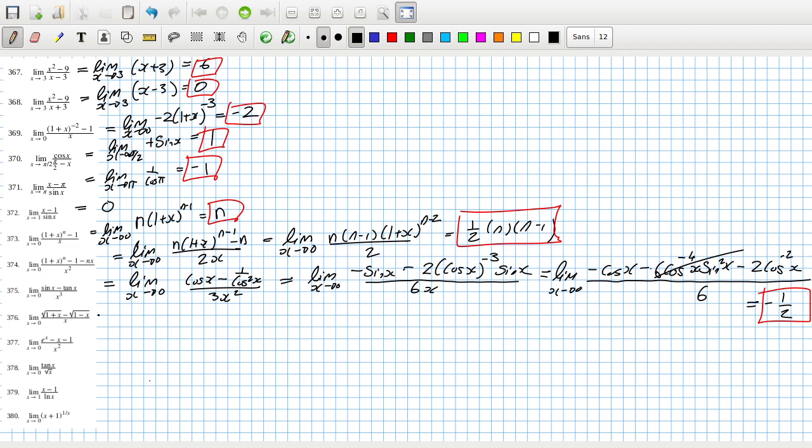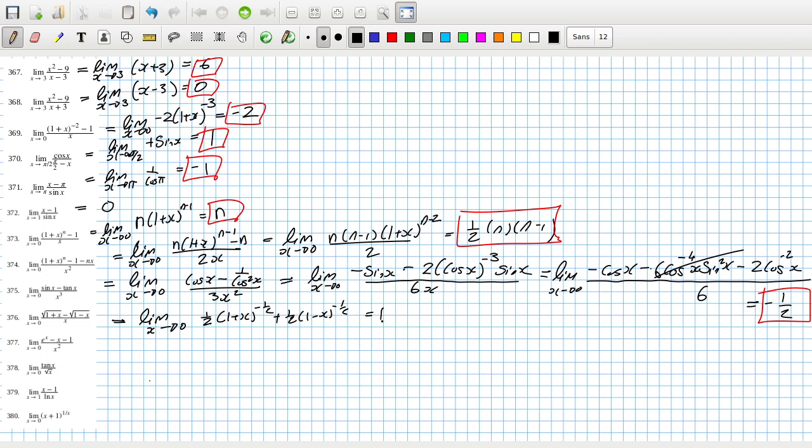That's L'Hopital again. So 376, limit x goes to 0, a half, 1 plus x minus a half, minus a half, 1 minus x minus a half times minus 1.